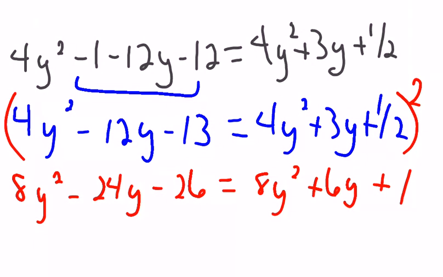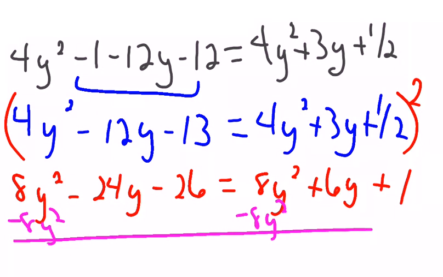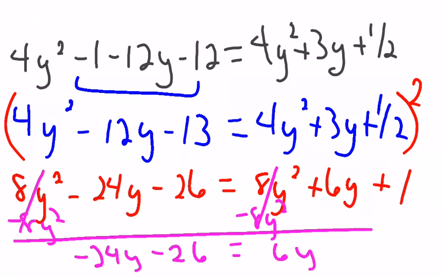Again, a lot of different ways to do the same problem. So I need to subtract 8y squared from both sides. Those cancel. So I have negative 24y minus 26 equals 6y plus 1.